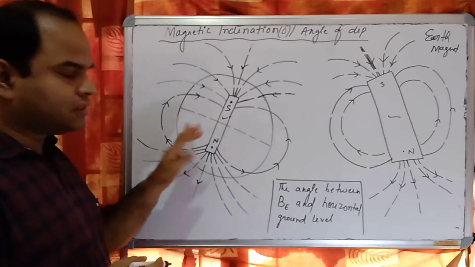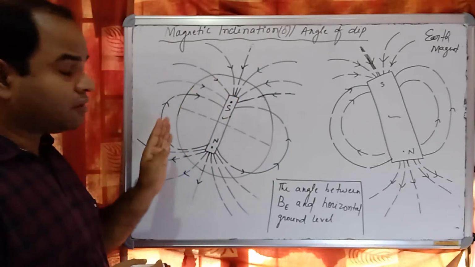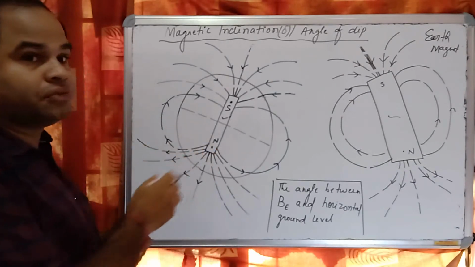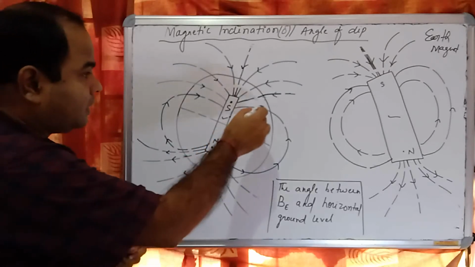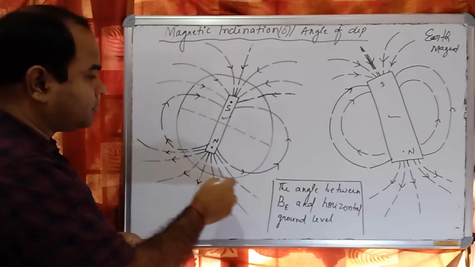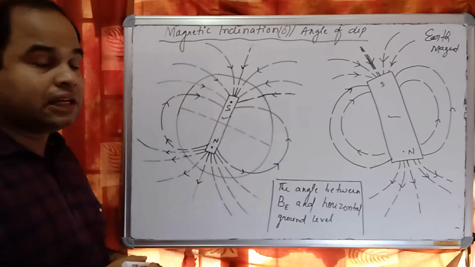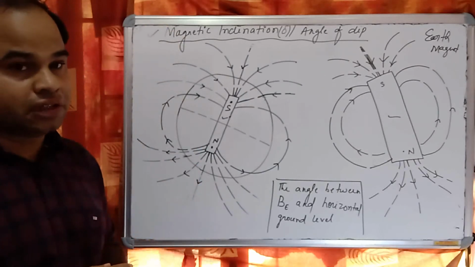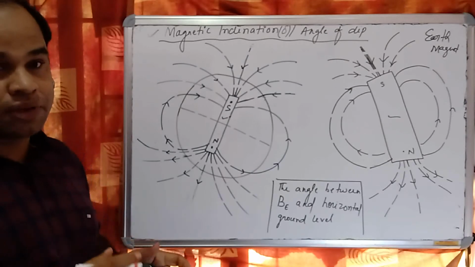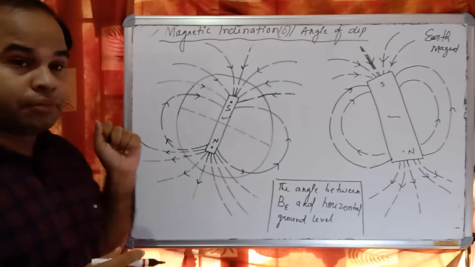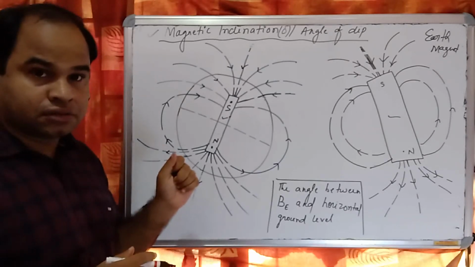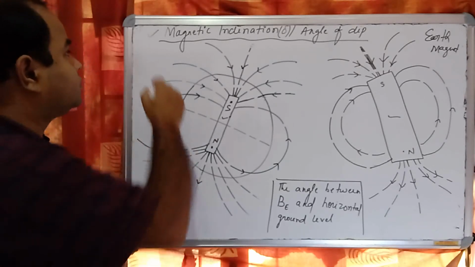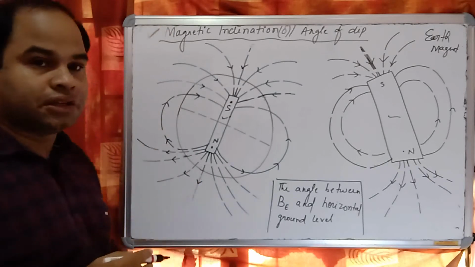When you see this diagram, there is some angle between the field lines and the Earth surface. This angle is called magnetic inclination, or delta, or angle of dip.